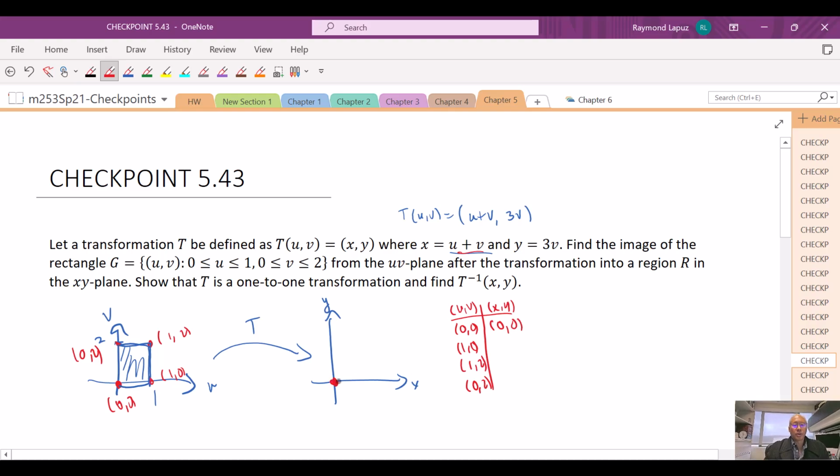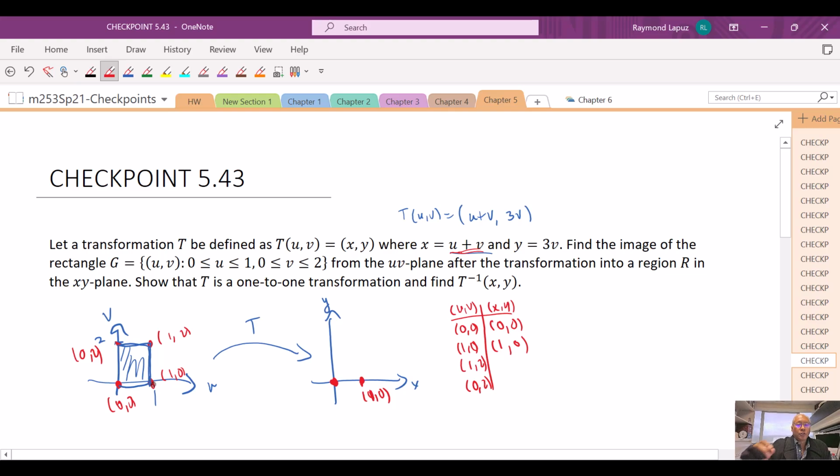Another important property of a linear transformation is that zeros get mapped to zeros. Here we have u equal to 1 and v equal to 0, which gives us an x component of 1 plus 0, and a second component of just 0. So that's the point (1, 0) over here.